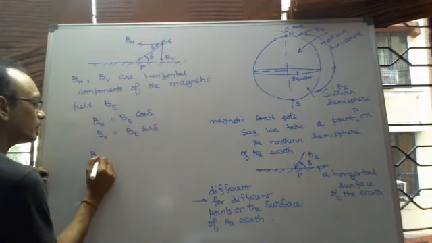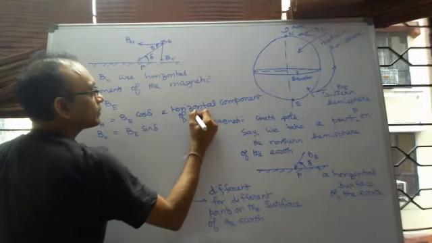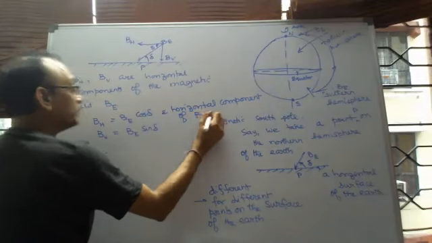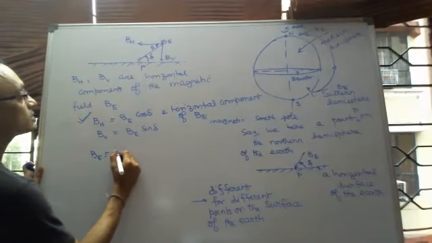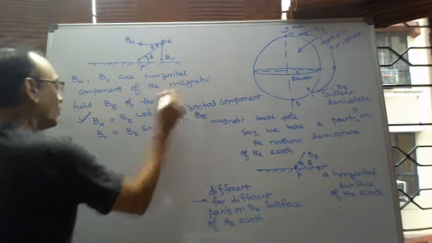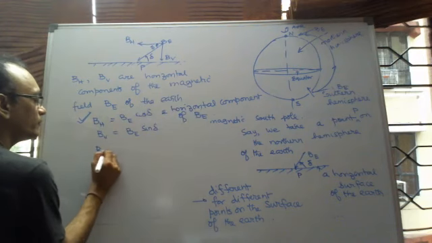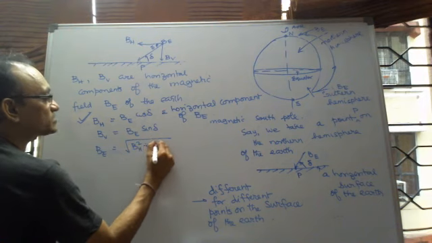This is an important thing, the horizontal component of BE. Very important, especially the horizontal component of the magnetic field. BE is obviously the magnetic field of the earth. If I square and add, BE would be root BH square plus BV squared.